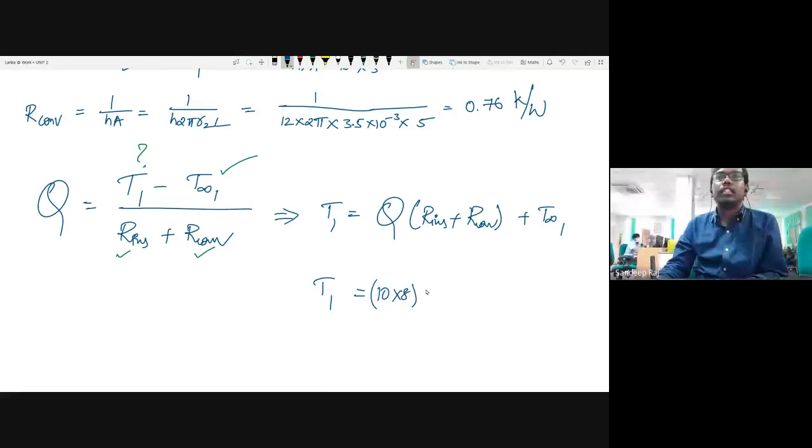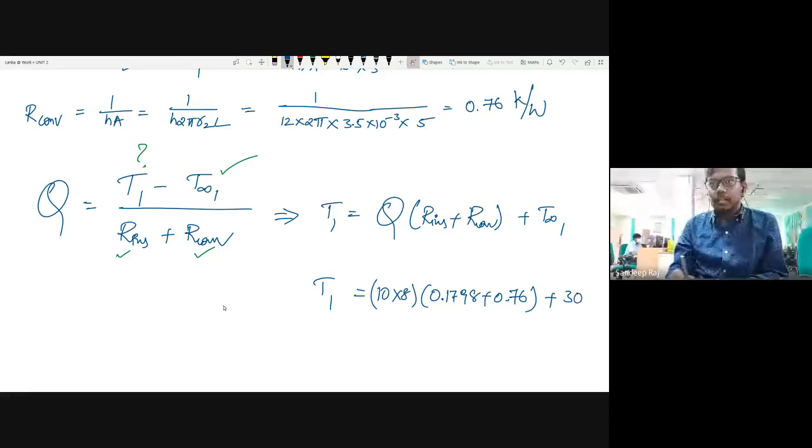R insulation value is 0.1798 plus convection value is 0.76 plus T infinity is 30 degrees centigrade. I can write.